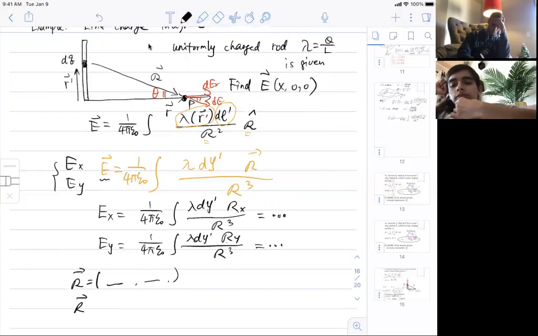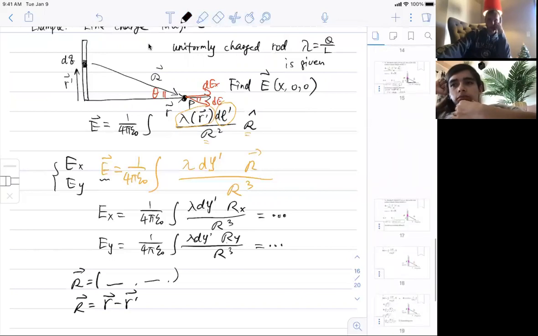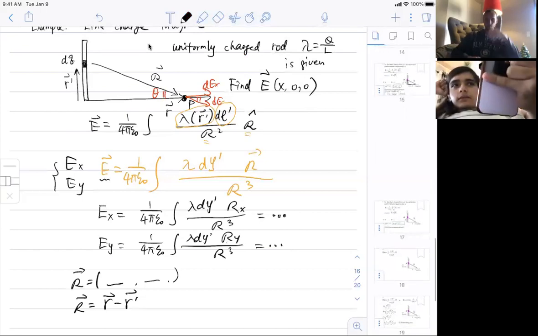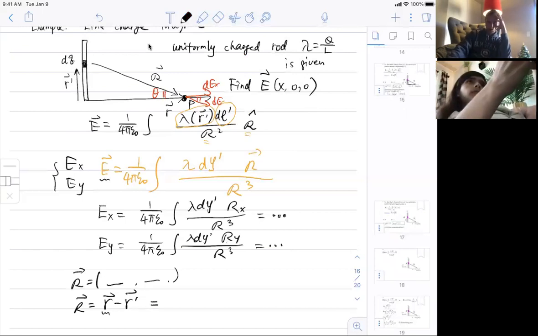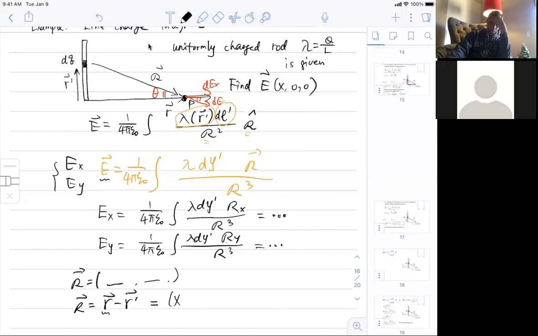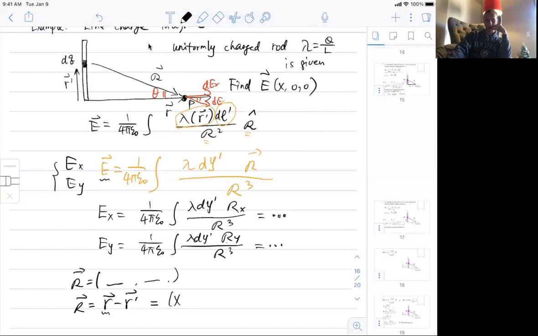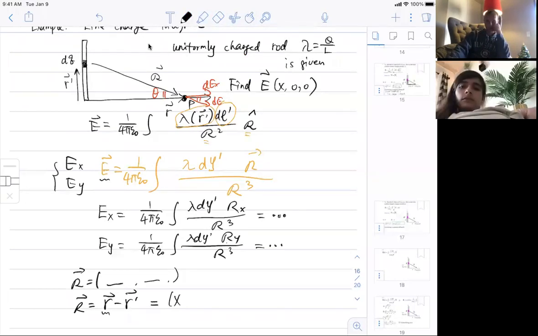Okay, so script R is R minus R prime. So please help me write out the R. How do I represent this? Right off the bat, it looks like it should be x minus y hat. Or, y prime, I apologize. So R is x, 0, 0. Do you agree?